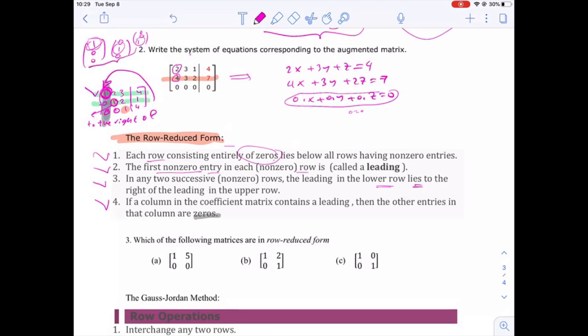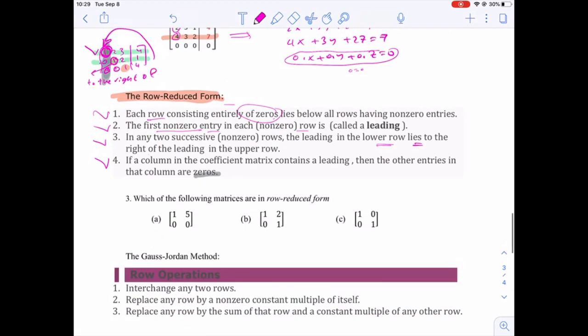So those columns are called unit columns, and those numbers are the leading numbers. As you can see, everything else is 0. So keeping this in mind, if we have a matrix that satisfies the 4 conditions, then we call that matrix a matrix written in row reduced form.